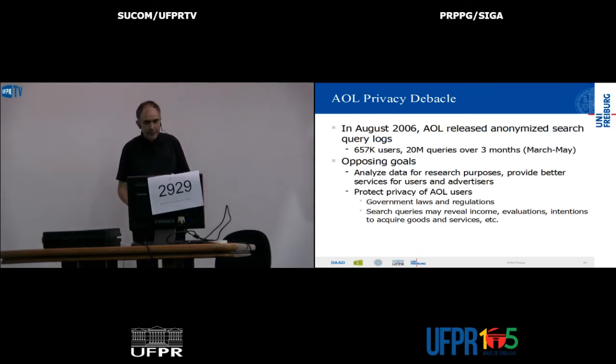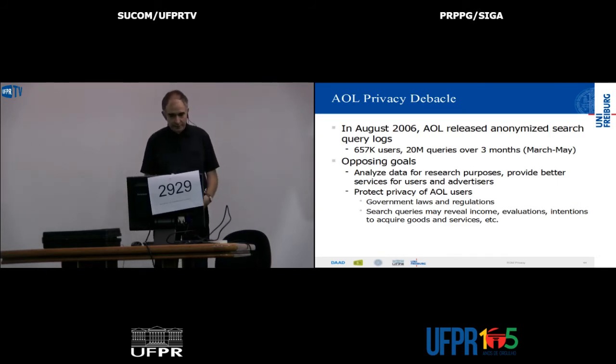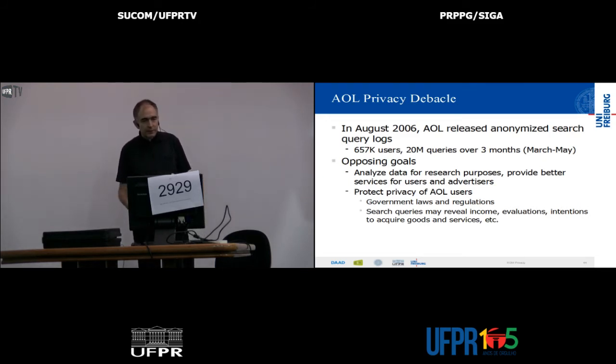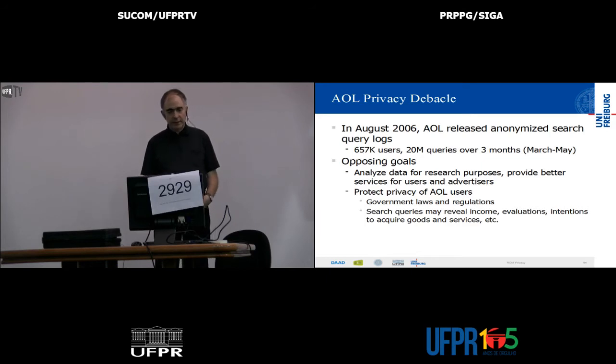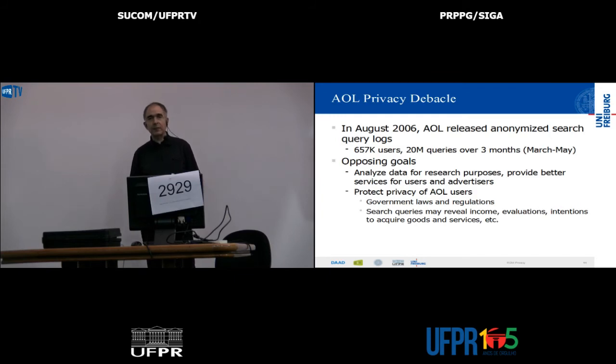Here's a less medical, but just as interesting example from AOL in 2006. The search query logs from 650,000 users. They had 20 million queries over 3 months. So what's the goal? Analyze data for research purposes to better service users and advertisers. What are people interested in? That's the question. What were their searches?